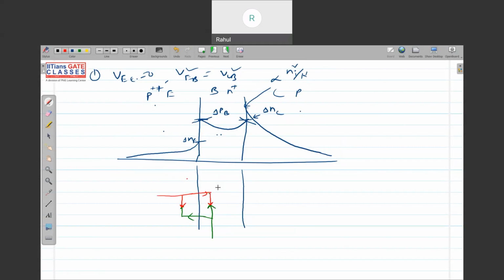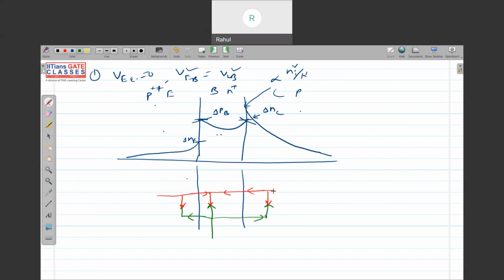And since you see the concentration gradient, the holes also have been injected from the collector here. All will be recombined with the electrons. The electrons will be supplied by the base. Also this base will supply electrons that are injected into the collector. And in the collector, the holes will be supplied from the contact, and this injection also will recombine with the electrons.